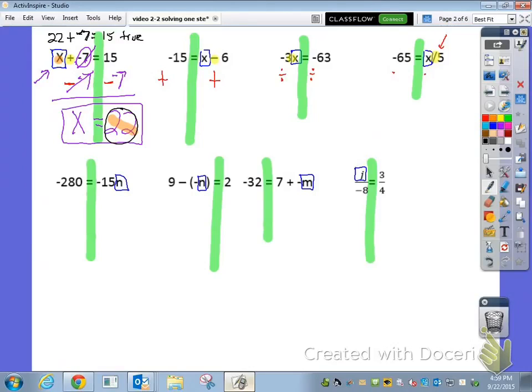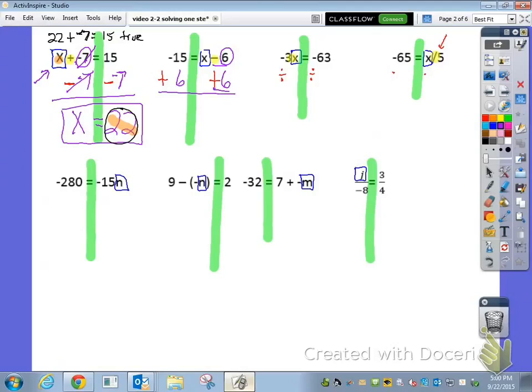It's my solution. Okay? On the next one, we said the opposite of subtracting is addition. What number do I have behind the subtraction? I have a 6. Now, some of you may get really confused, and you may say, Miss Pearsall, this is a negative 6. What's the opposite of a negative 6? A positive 6.